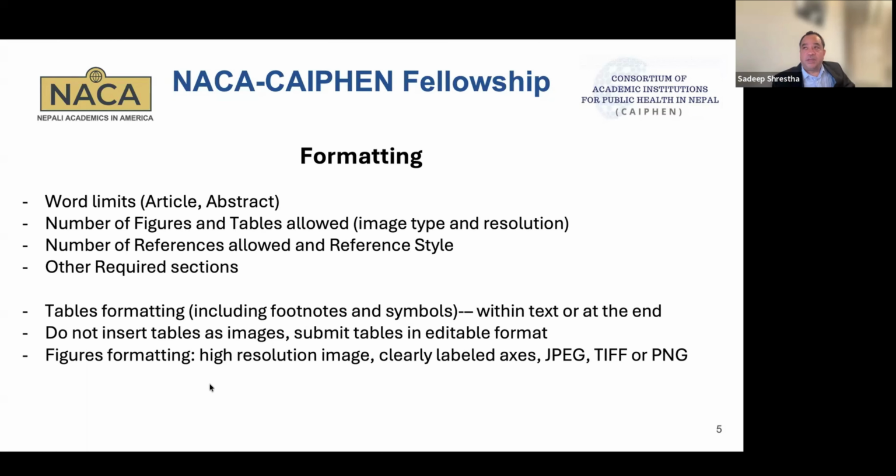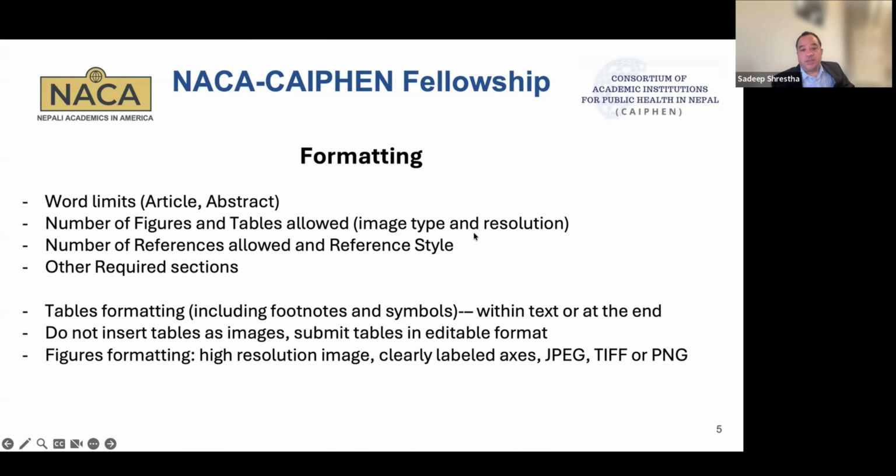There are some journals who will allow you to insert tables and images in between the manuscript. But more often than not, you put the tables at the end of the manuscript, and you also have to use the figures as images as a separate document.